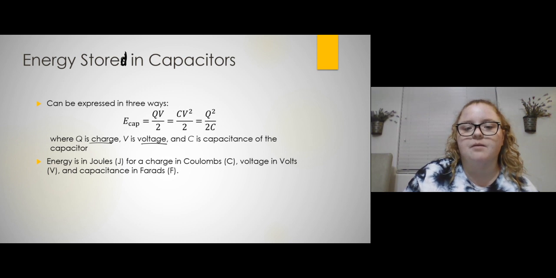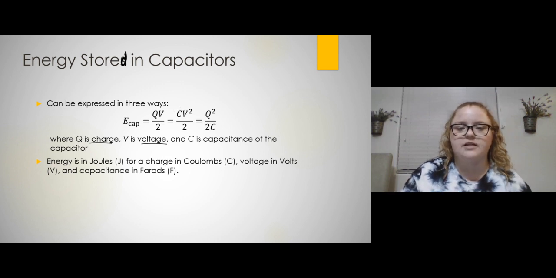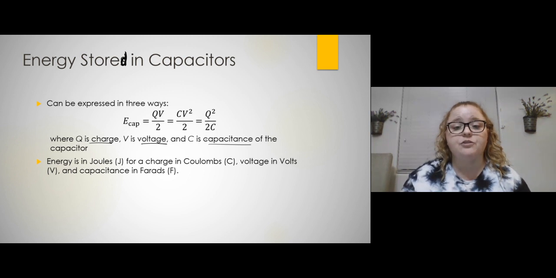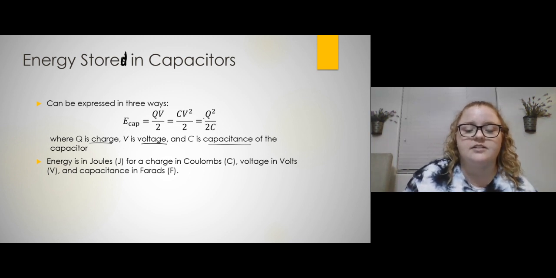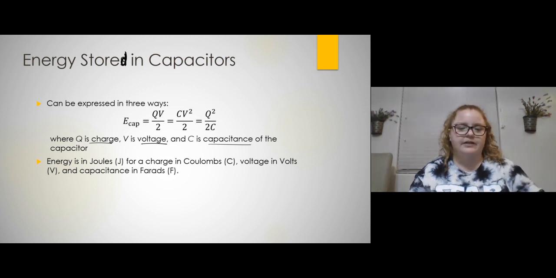You can also rearrange that to C times V squared over 2, where C is the capacitance and V again is the voltage. Or you can rearrange it again to be Q squared, the charge squared, divided by 2 times the capacitance.